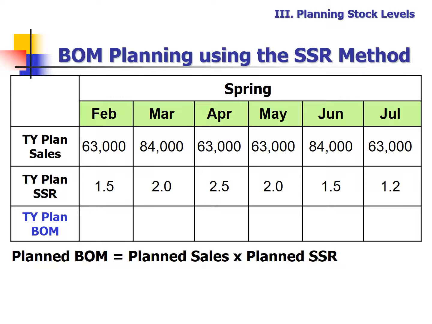For example, February was planned to be 1.5, March 2.0, April 2.5, May 2.0, June 1.5, July 1.2. So let's say this is our plan. And these SSRs usually are planned based on what happened last year.